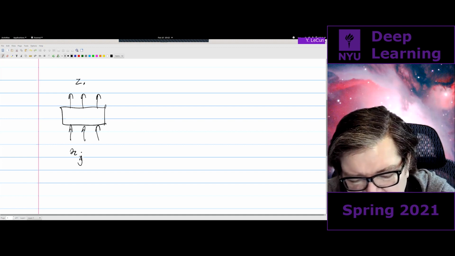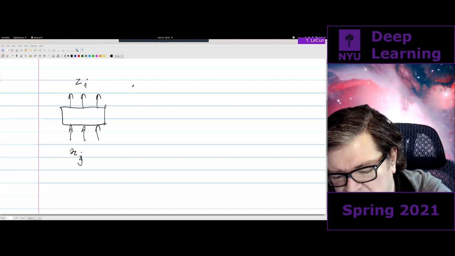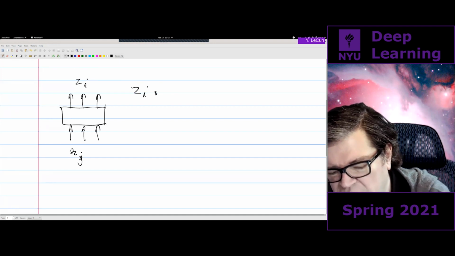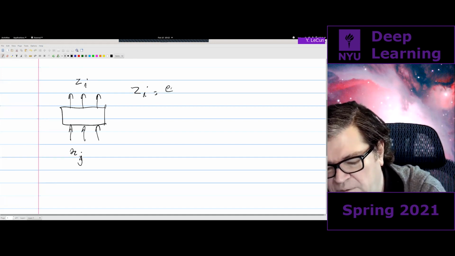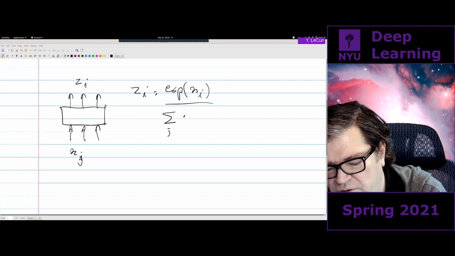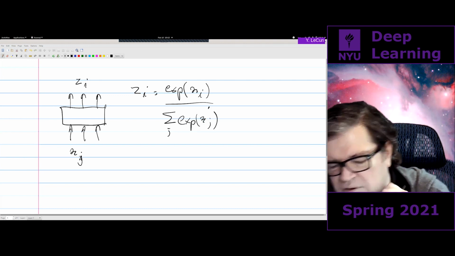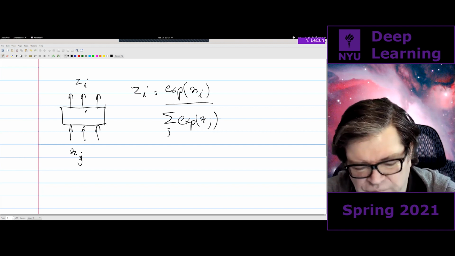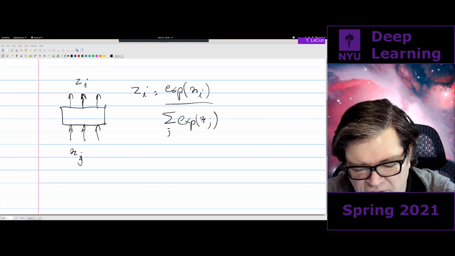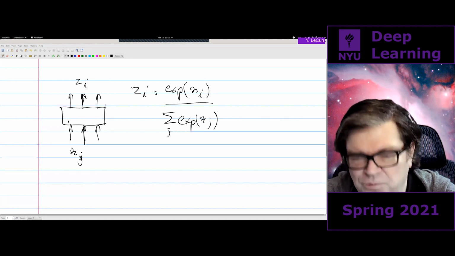I'm going to call them zi. So zi is equal to exponential xi over the sum over j of exponential xj. Each of these is the exponential of the corresponding input, normalized by the sum of the exponentials of all the inputs.